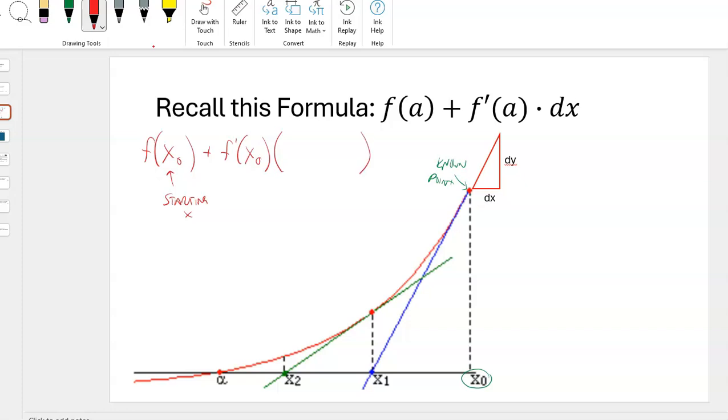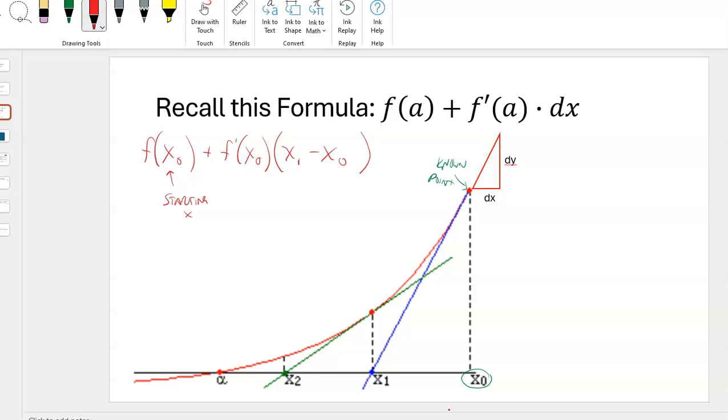The edit I'm going to make here is, I'm really looking at the distance between x0 and x1, those two x values. I know my picture up here is a little bit different. What we're really doing is finding the distance between the x that I started with and whatever my result was.